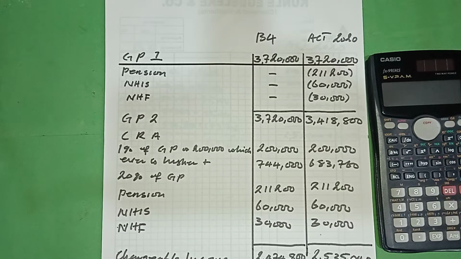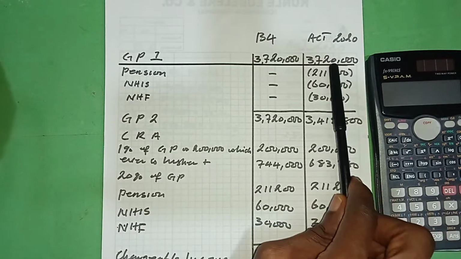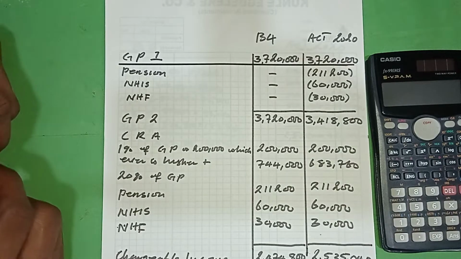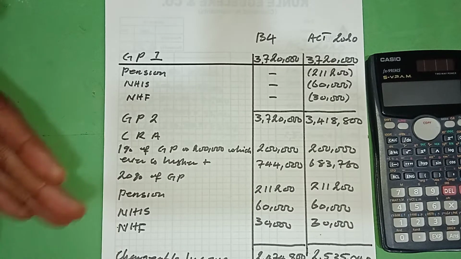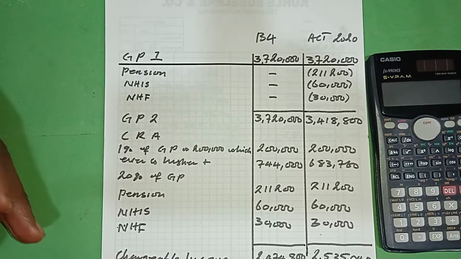Now, the difference now is this. Remember I told you that in the Finance Act 2020, they said that all the tax exemptions must be deducted first to arrive at the redefined gross pay for 2020 Finance Act.